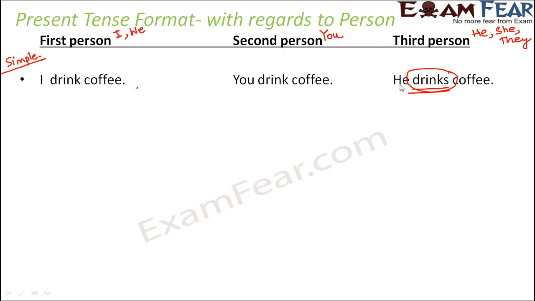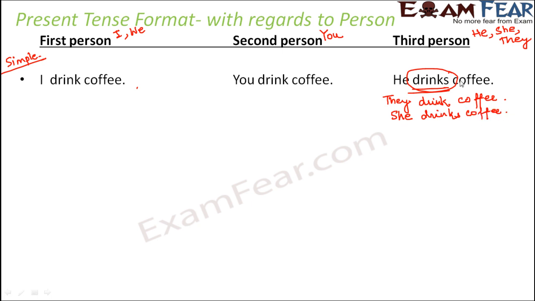For example, in the third person, if this would have been they, that is, third person plural, in that case the form of the verb would have been drink. They drink coffee. Now if the person would have been she, it would again have been she drinks coffee.